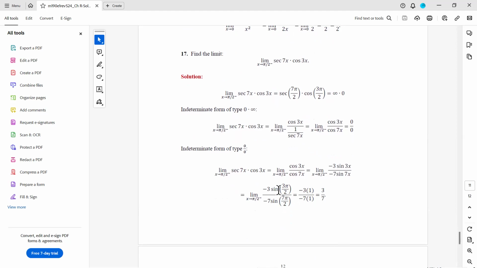So that multiple is going to be negative 3. And you have pi over 2, the sine of 3 pi over 2.